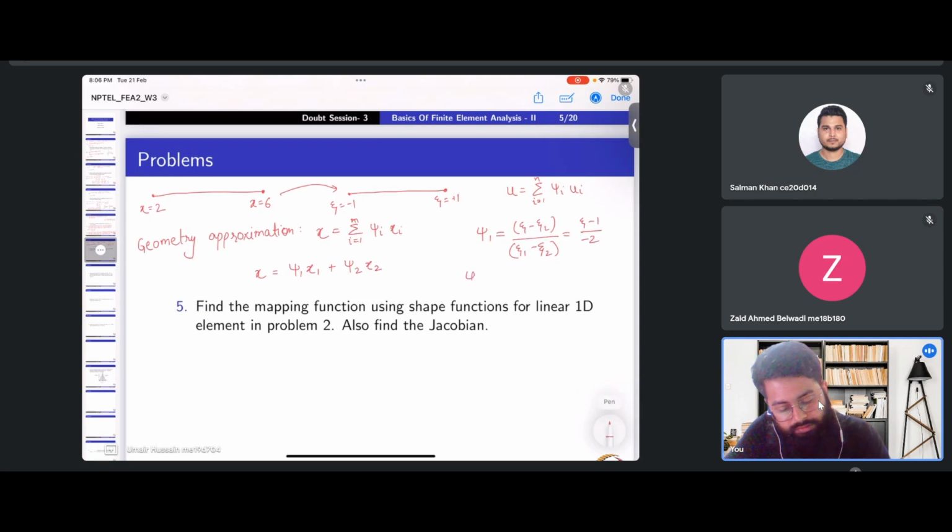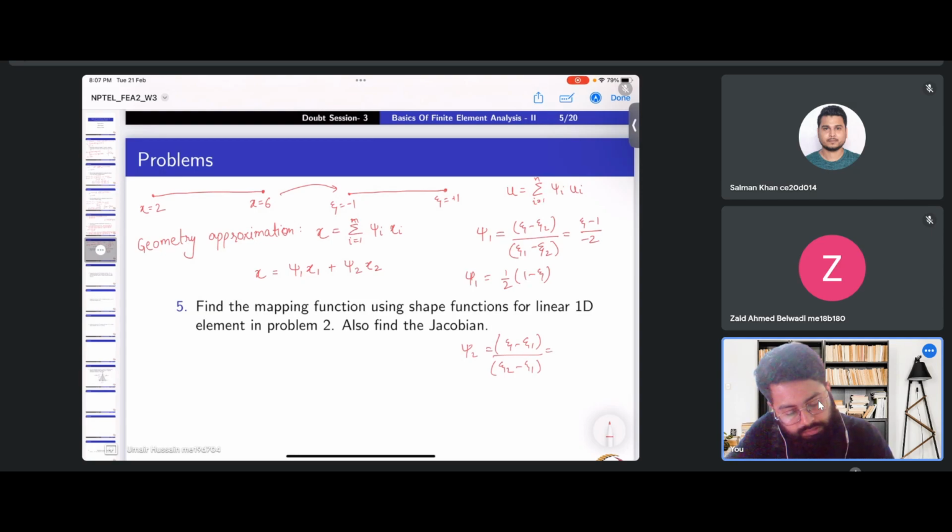So psi 1 is half of 1 minus zeta. Then psi 2 is zeta minus zeta 1 on zeta 2 minus zeta 1.